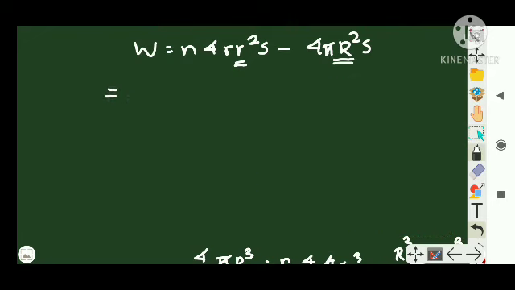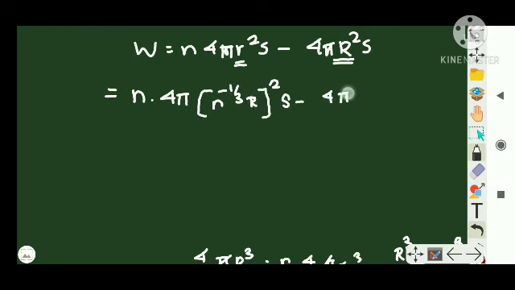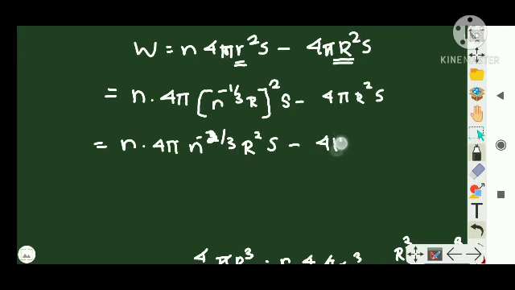Now in this section I can write n into 4 pi into r squared. In place of r squared, I'm going to write n raised to minus 2 by 3 into capital R squared S, minus 4 pi R squared S, right? Now this can be written as n into 4 pi n raised to minus 2 by 3 R squared S minus 4 pi R squared S. Now this n and this n raised to minus 2 by 3, that means 1 minus 2 by 3, it's n raised to 1 by 3.